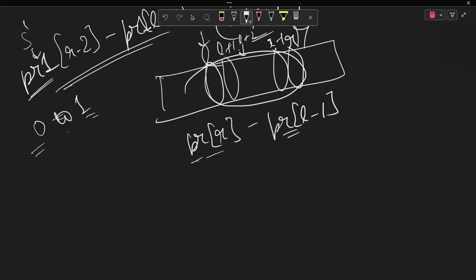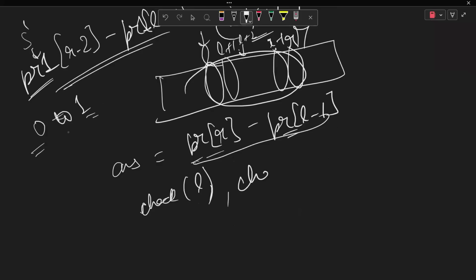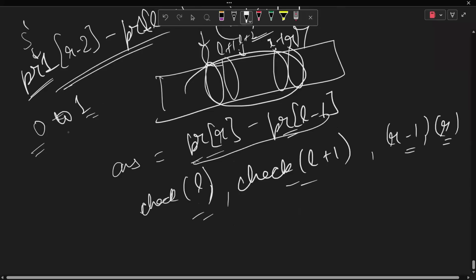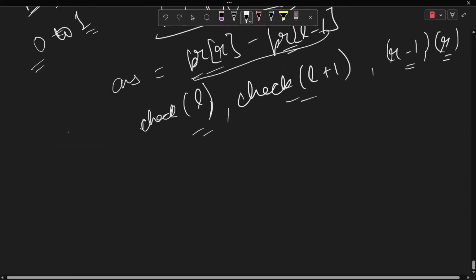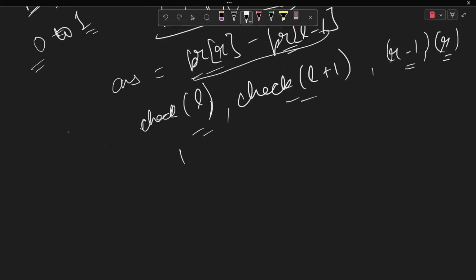Okay, so our answer would equal this, and then we would check for L, then we would check for L plus 1 and R minus 1 and R. For the L index, if there's a conversion from 0 to 1 and it does not require anything out of the range, then we would add a plus 1.